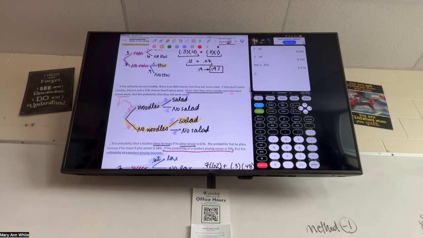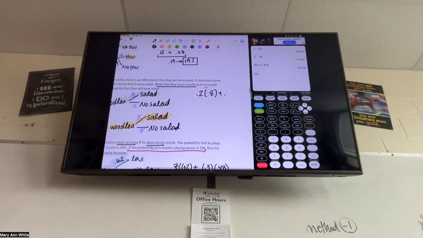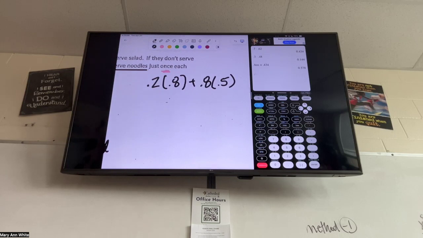So we multiply along each path: 0.2 times 0.8, plus 0.8 times 0.5. And that gives us a 56% chance that we'll have salad in the cafeteria.